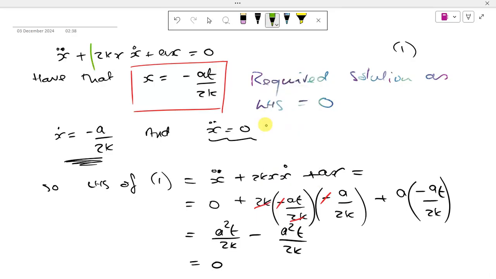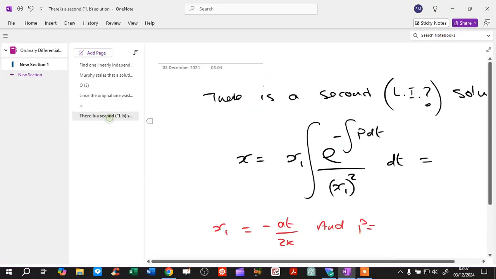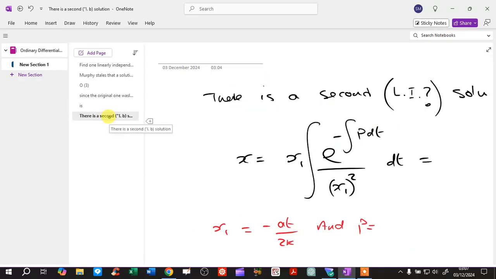So p is equal to this term here, p, right? So 2kx is p. If I just go back to that page, so that's equal to 2kx. I'll keep it in green. Of course, it's actually 2kx1.